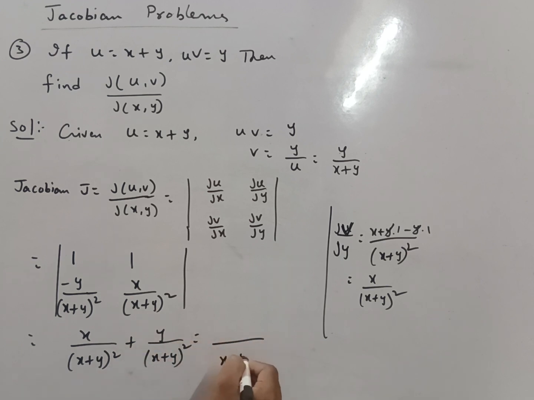LCM is same, x plus y whole square, numerator x plus y, one x plus y gets cancelled, so what I get here is 1 by x plus y.